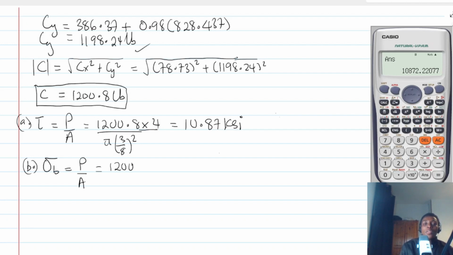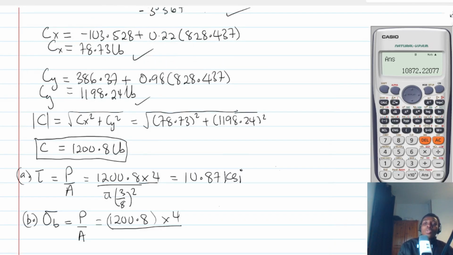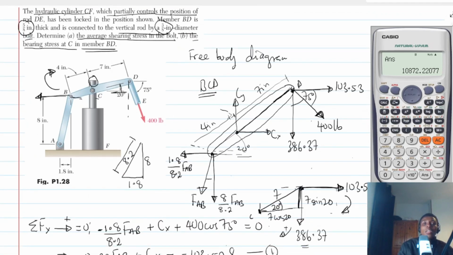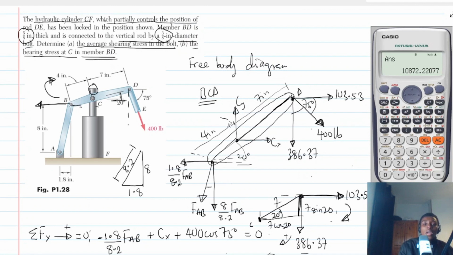Oh, sorry. This time around, we are going to use the normal stress. Therefore, you will include the diameter or the thickness of member BD, because the question said the bearing stress at C in member BD.